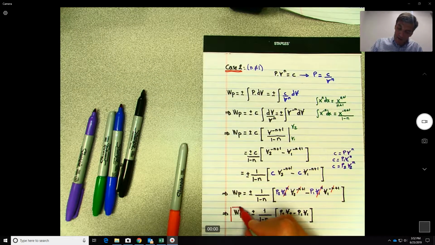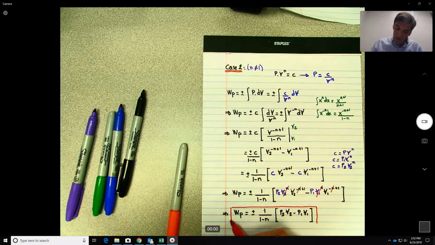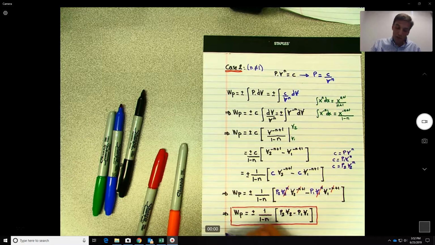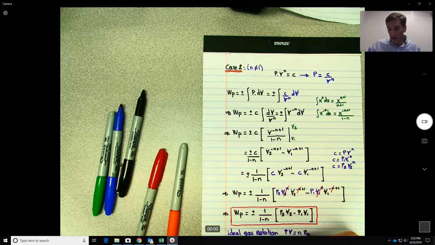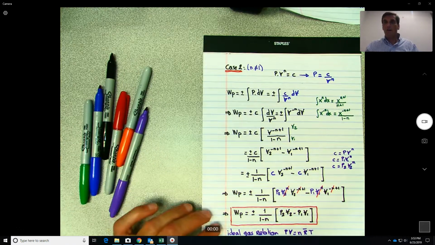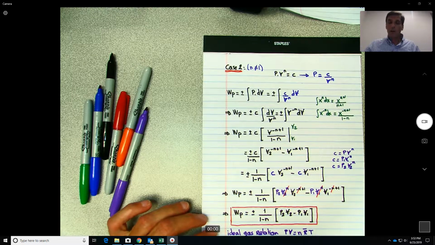And as in the previous case, I mentioned that sometimes if you use the ideal gas relation, PV equals nRT, this will become what? 1 divided by 1 minus n times R T2 minus R T1. Okay, so now let me just do a summary of the previous video of the work done by constant pressure, and this is the work done by a polytropic process.